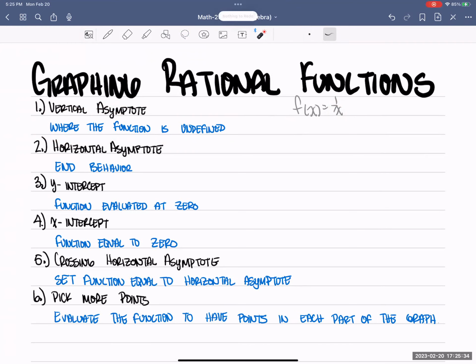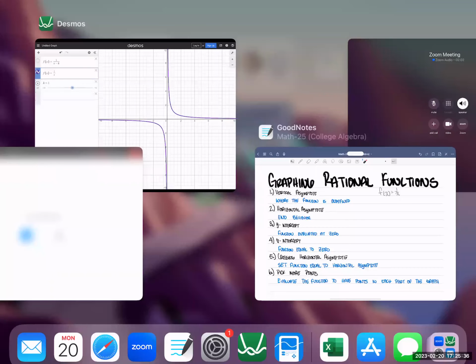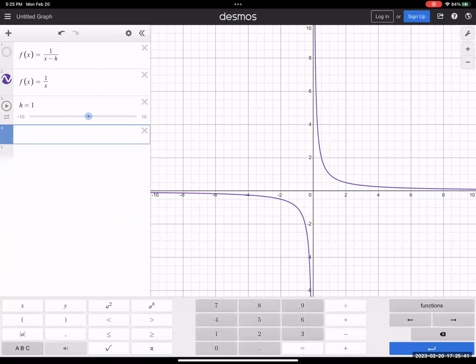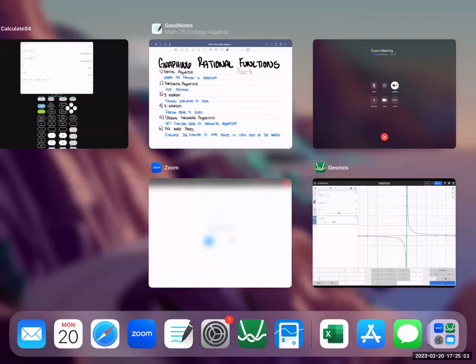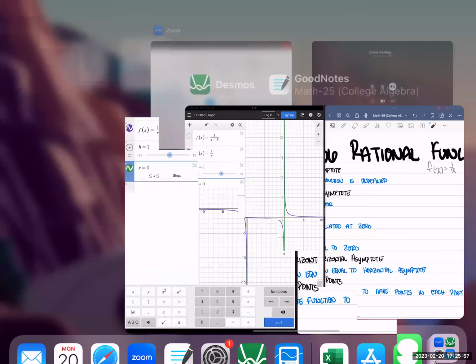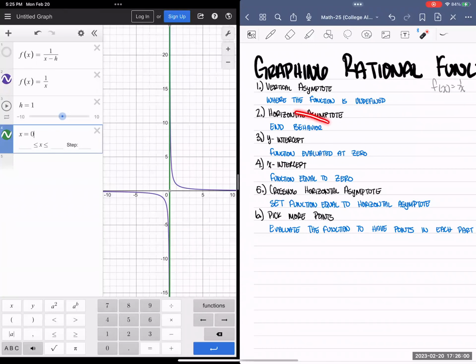Let's see what it looks like on that graph. x equals 0, and it's that vertical asymptote cutting the left part of the graph from the right part of the graph. Actually, let's do a split screen really quick. The next part is our horizontal asymptote.